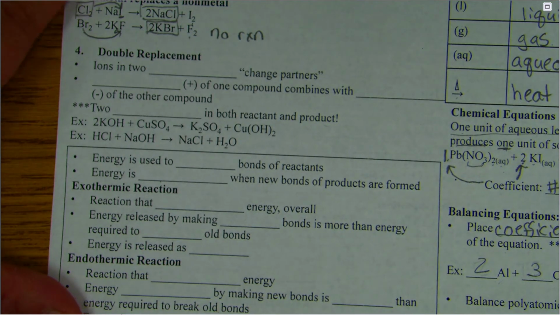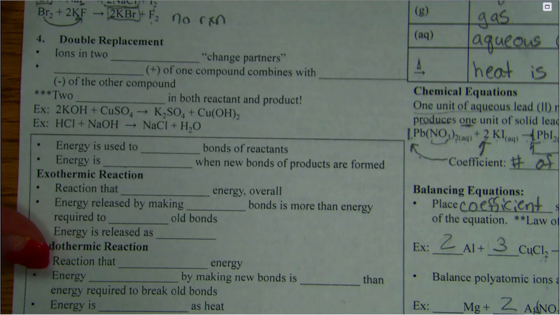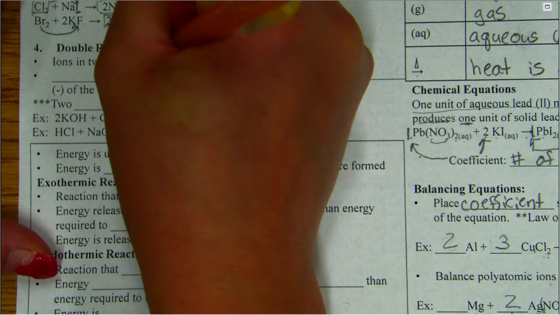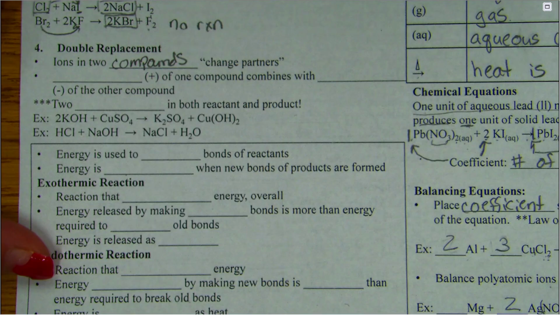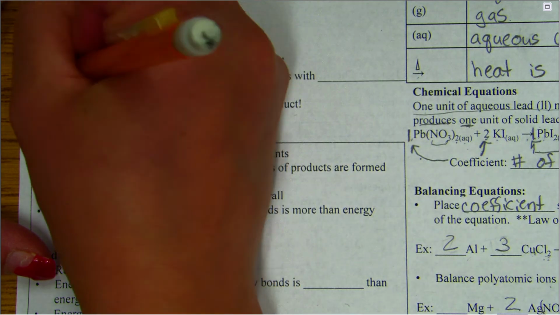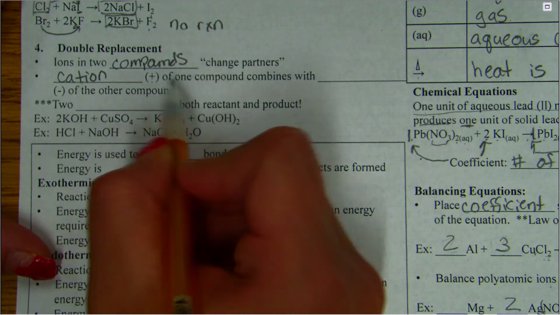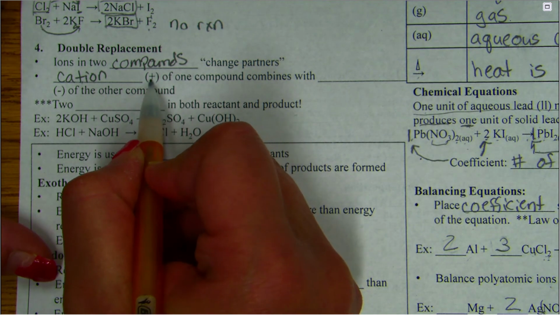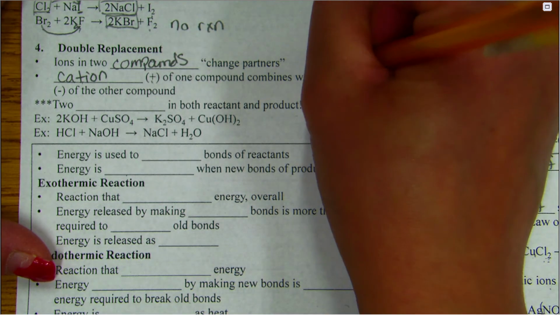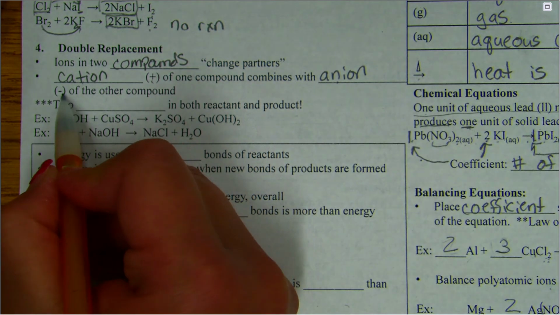Our final reaction is a double replacement. All right, and this is where ions in two compounds change partners. The cation, and I know it's the cation because it's positive, and if you'll remember, the T in cat is the positive symbol, is going to combine with the anion from another compound, and if you'll remember, N for negative.